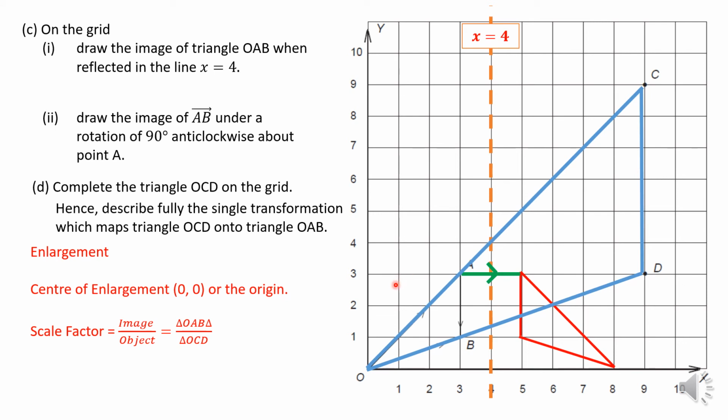Now here's the thing, the image is triangle OAB, the small one, and the object is the bigger one because it says OCD onto OAB. If you take that vertical distance there, you get 6 units, and you take the corresponding vertical distance here for the small one, you get 2 units. When you divide the 2 together, you get 1/3. That is how you find the answer to that particular question.